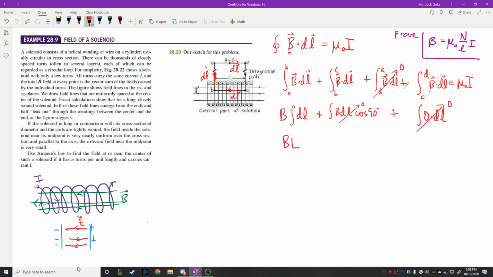Okay. And all of this should be equal to, now I left something out here, it's mu naught times I. We're going to say the current flowing here is I, but if you look at what's happening here, there are 1, 2, 3, 4, 5, 6, 7, 8. There's 8 I's there, right?